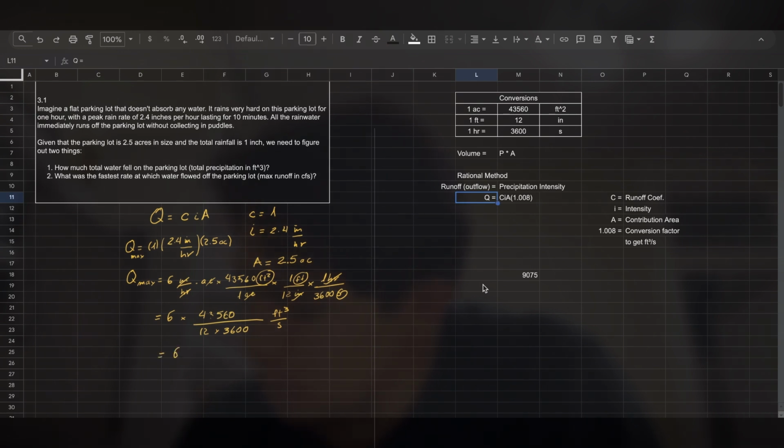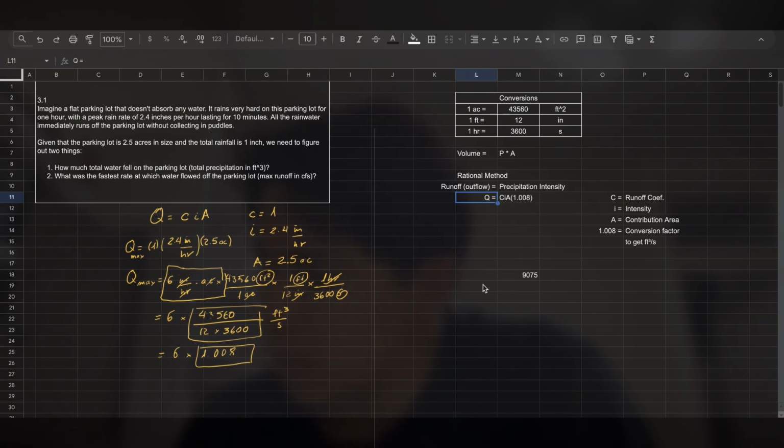And this number right here turns out to be 1.008. So it's actually very close to 1, and that's where we find this relationship that initially we have 6 inches per hour, which is intensity, times the acres, which is the area.